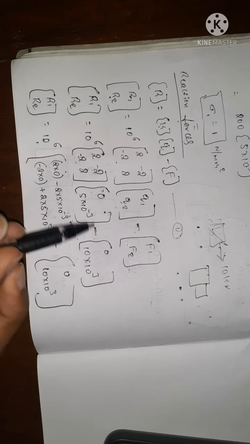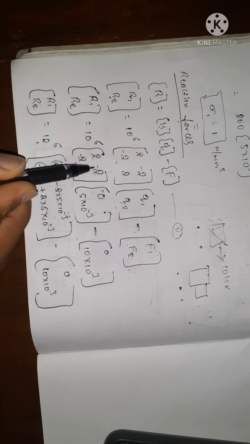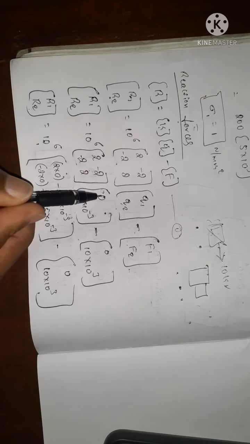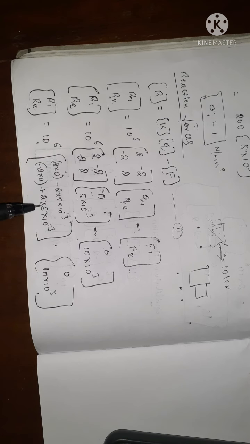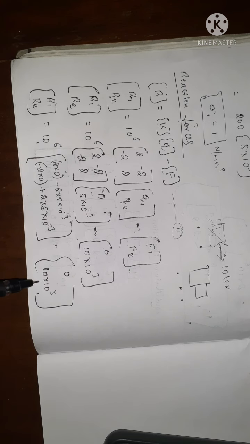So I will write it this way, where R1, R2, 10 power 6 as it is. Next multiply these two and subtract this one, where 2 into 0, minus 2 into 5 into 10 power minus 3, again as it is, minus 2 into 0, plus 2 into 5 into 10 power minus 3 as it is, and 0, 10 into 10 power 3.